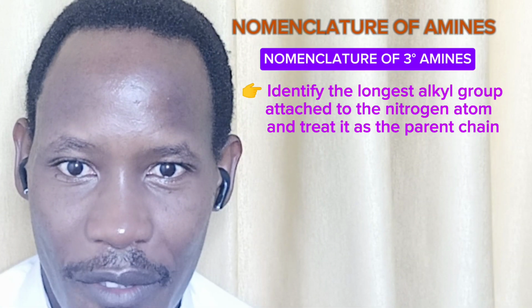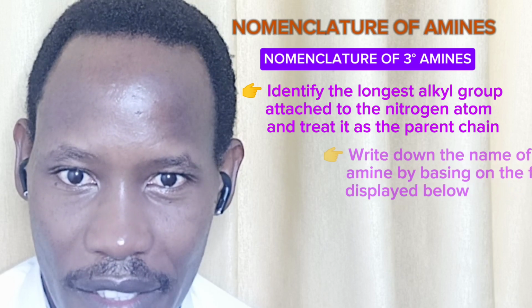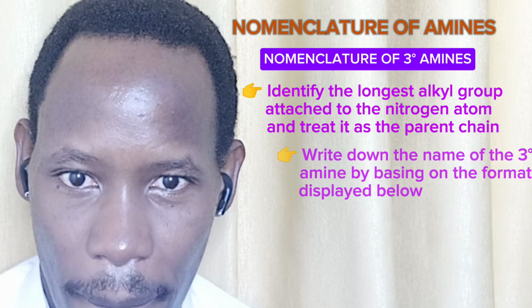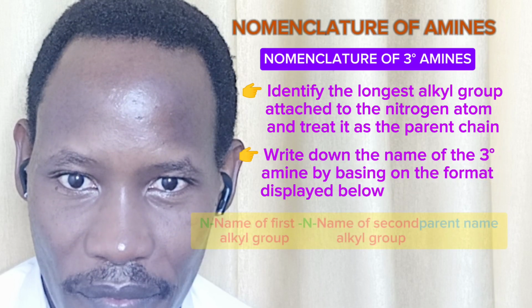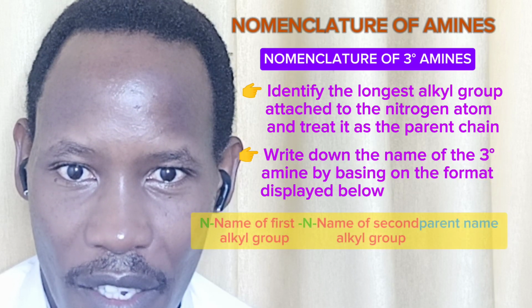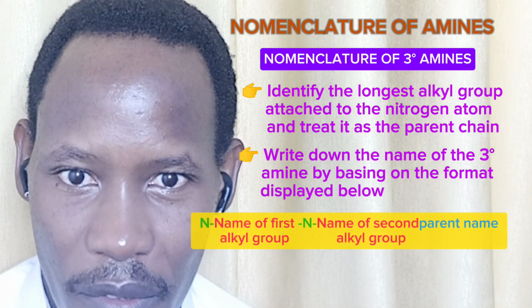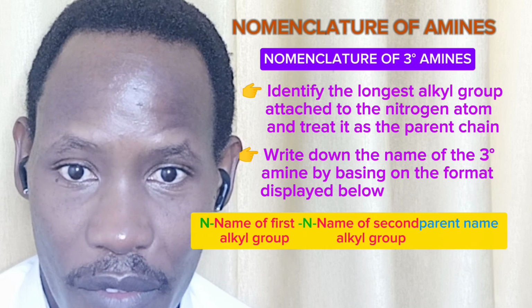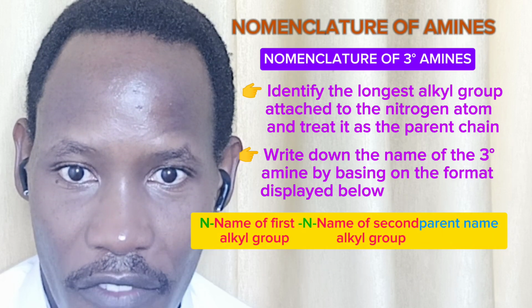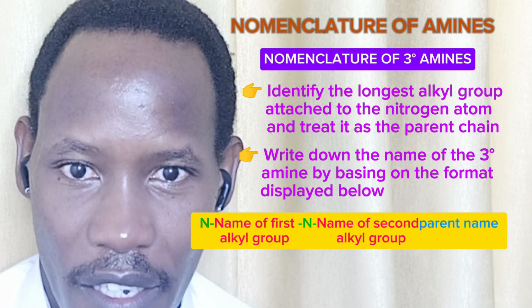Step 2, we write down the name of the tertiary amine by starting with a capital letter N followed by a hyphen, the name of the alkyl group, followed by another hyphen, the name of another alkyl group, and finally the parent name of the tertiary amine.